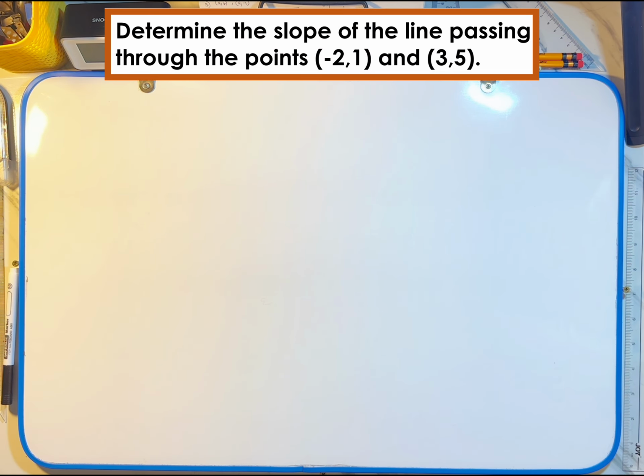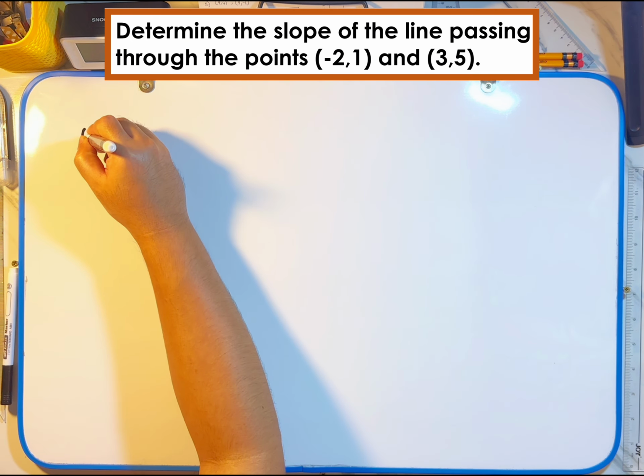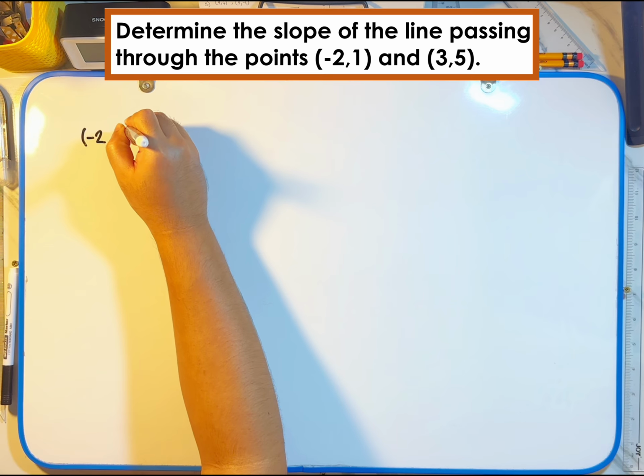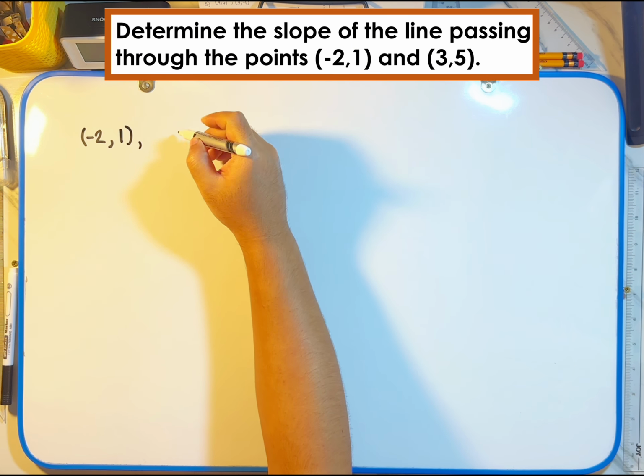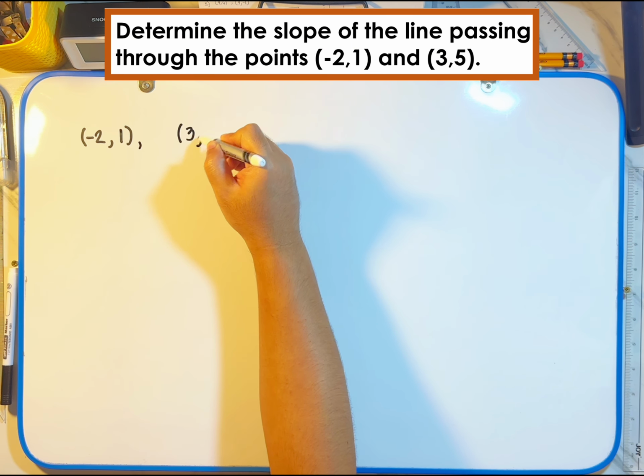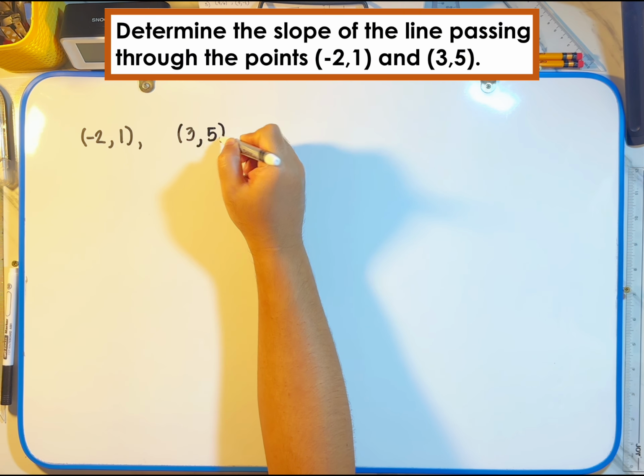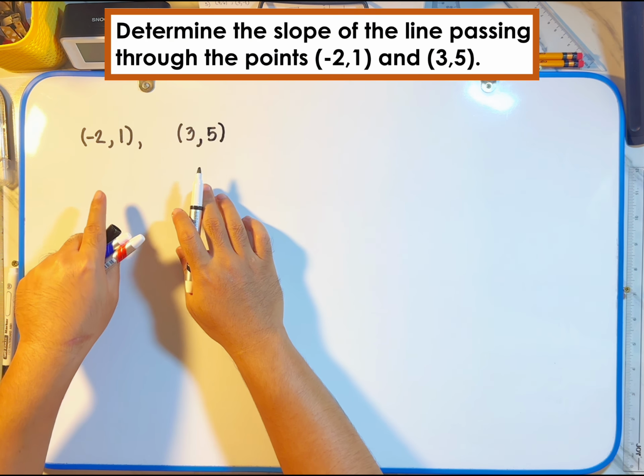Problem number 1. Determine the slope of the line that passes through the points negative 2, 1 and 3, 5. So first, let me copy the points. We have negative 2, 1, and then we have the point 3, 5. So our straight line passes through these 2 points.